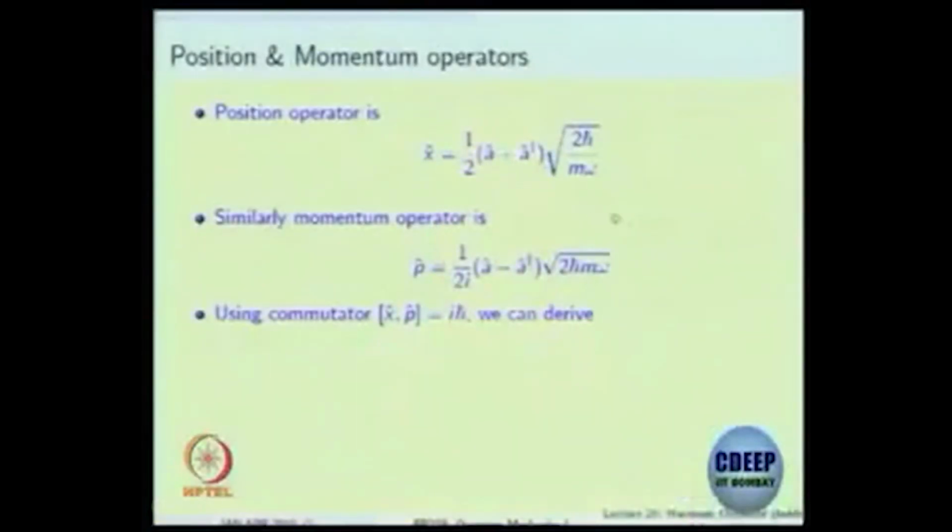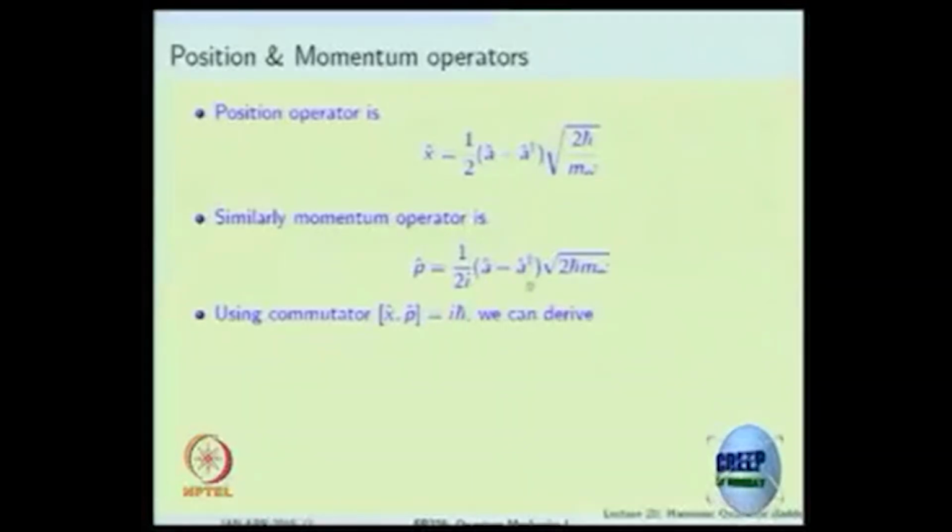So that's why they are called ladder operators. You will see that when we do the math, A and A dagger are called the ladder operators. So we are always going to use the position momentum commutator.